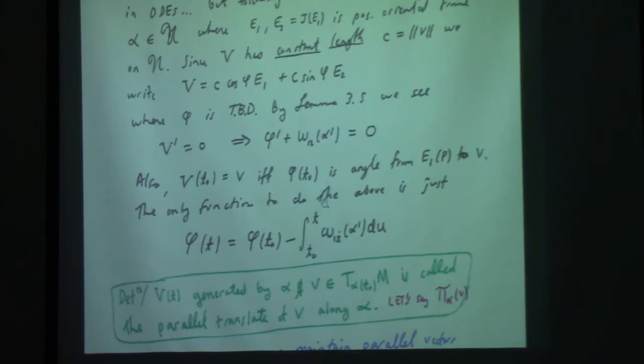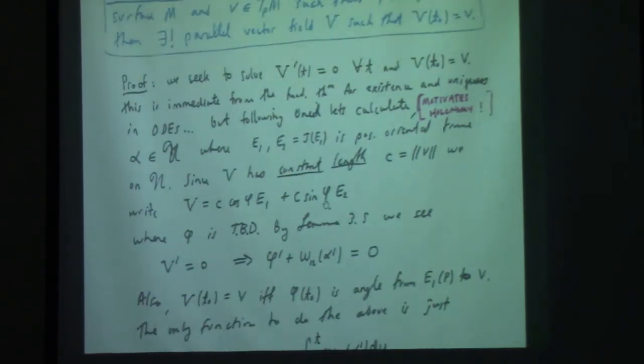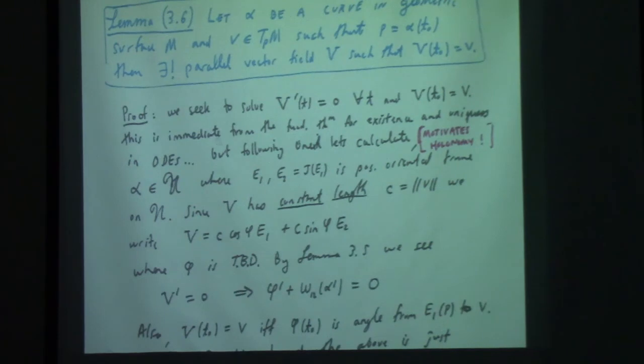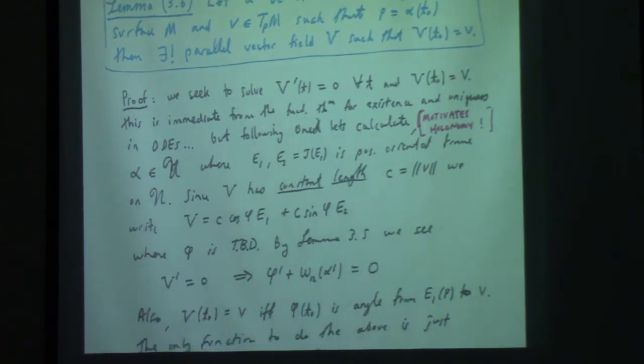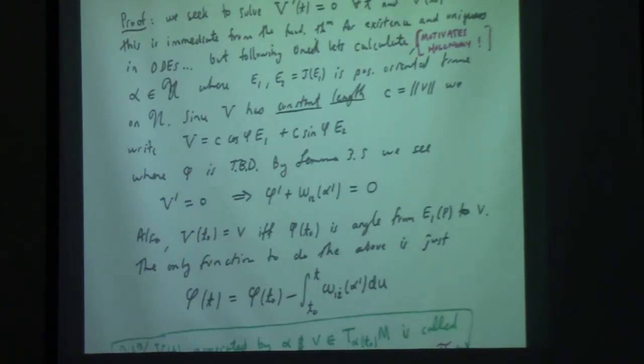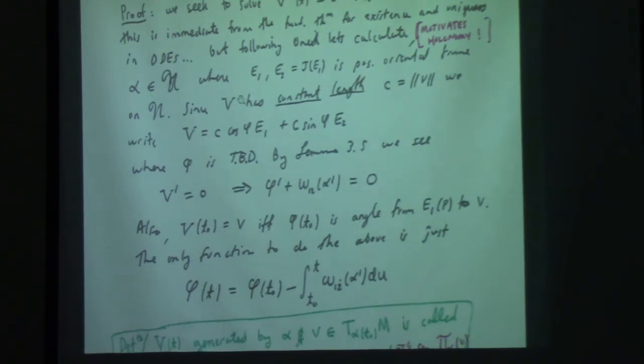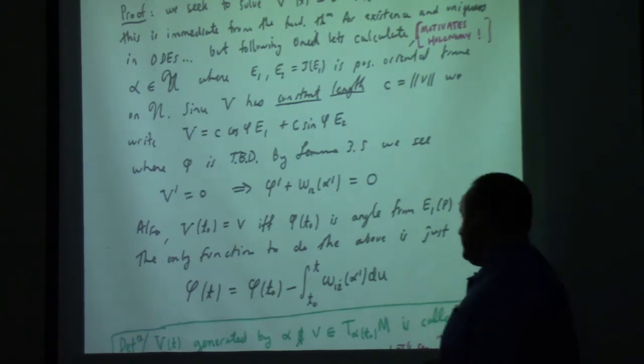So there's the proof that there exists a unique parallel vector field. And so how do you construct that parallel vector field? By specifying the angle function like so. Just to show you what I mean, think about this.